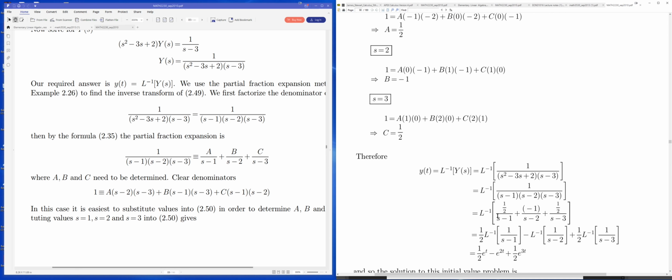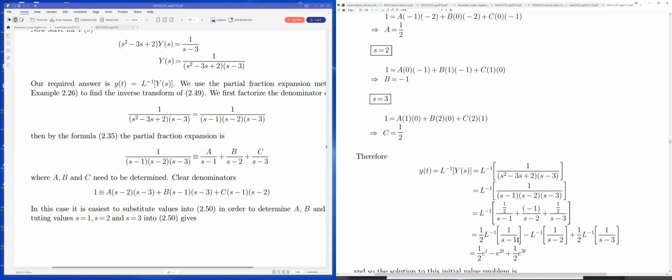And now that you have this broken up into these simple fractions over here, you use your linearity to split this up. So you get a half times the Laplace inverse of 1 on s minus 1, minus 1 times the Laplace inverse of 1 on s minus 2, and then plus a half Laplace inverse of 1 on s minus 3.